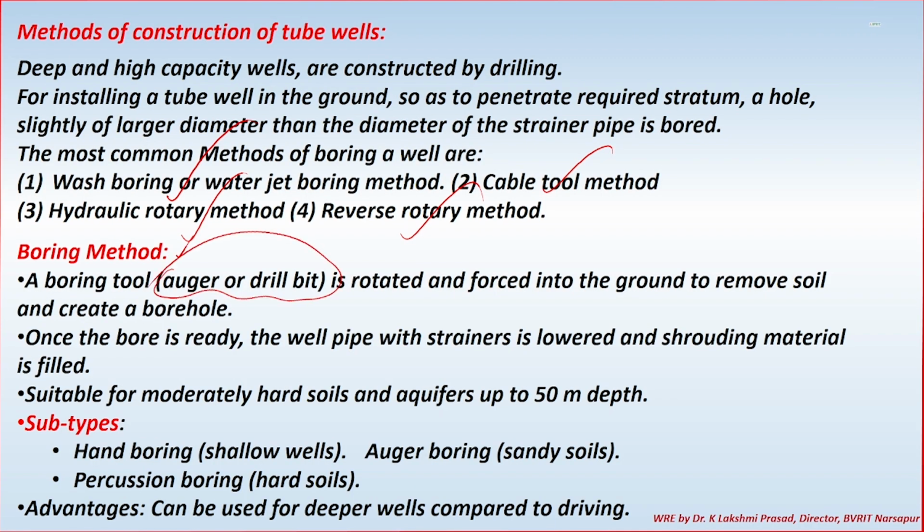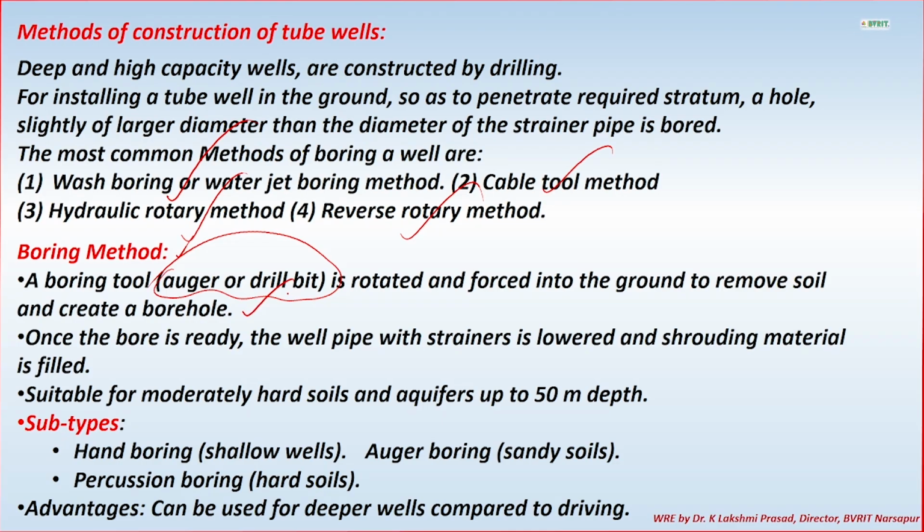It is basically a drill bit which is rotated continuously in the soil and forced into the ground to remove the soil. Because only when we remove the soil from the ground can you construct the borehole. So use a boring tool, rotate it and force it into the ground to remove the soil and create a borehole.